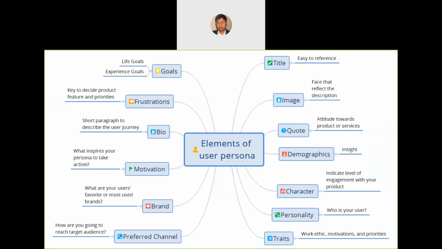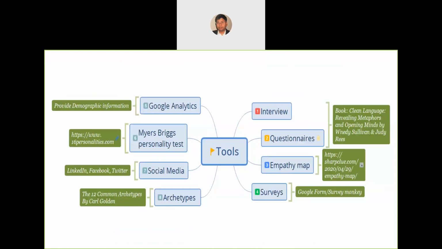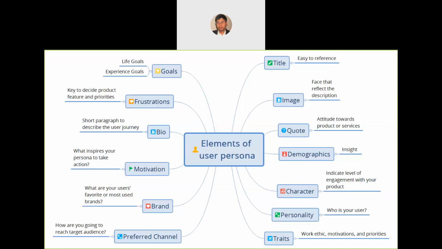There should be a quote, like we saw in the travel desk example, there was a quote which was related to the product. Demographic information should be there about the user. Character, again the personality test which I mentioned in the tools, can drive from here.